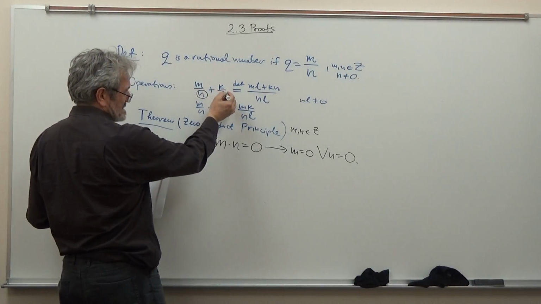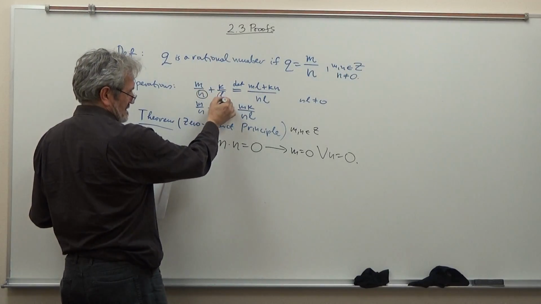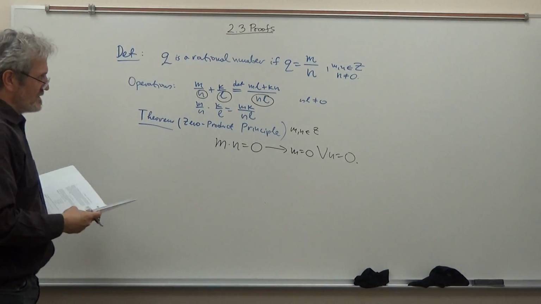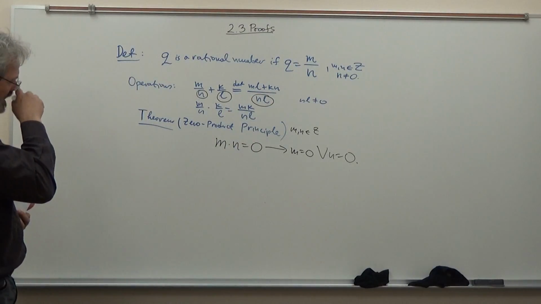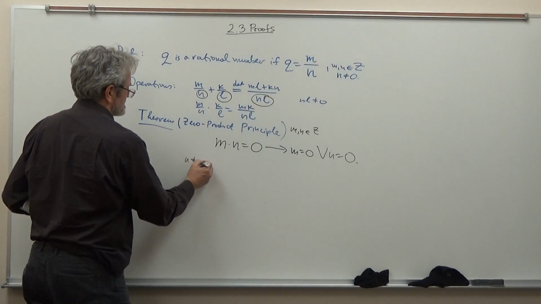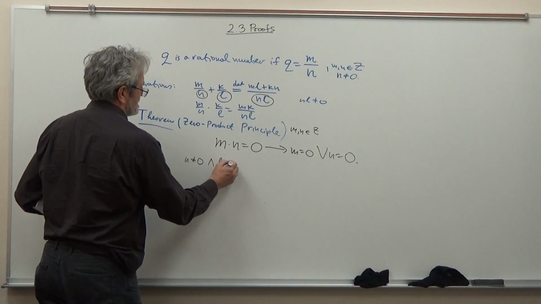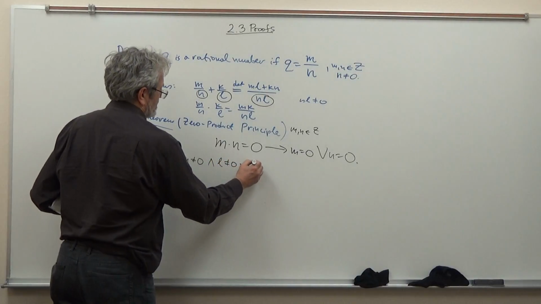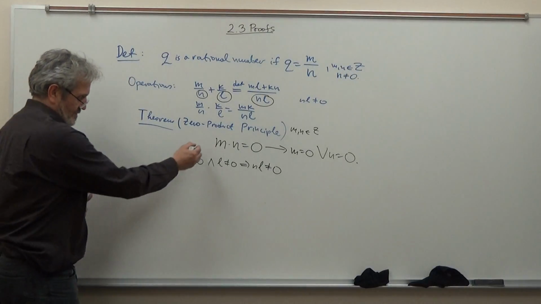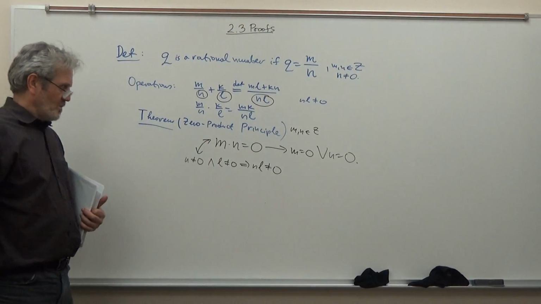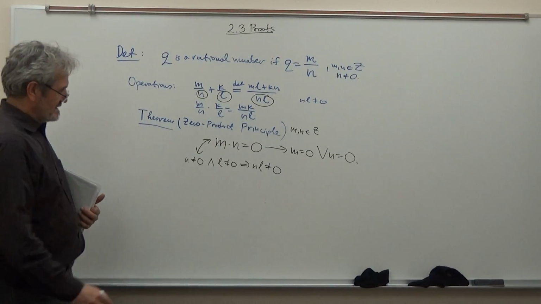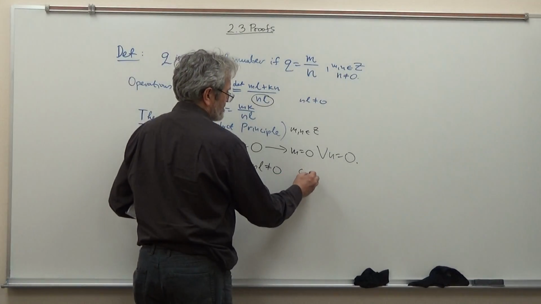If this denominator is correct, not 0, and this denominator is correct, then this one is also correct. Actually, the way I called it, I said the following: n different from 0 and l different from 0 imply that nl is different from 0. If you compare those two, I hope by now you already recognize that they are the same thing. This is basically contraposition.